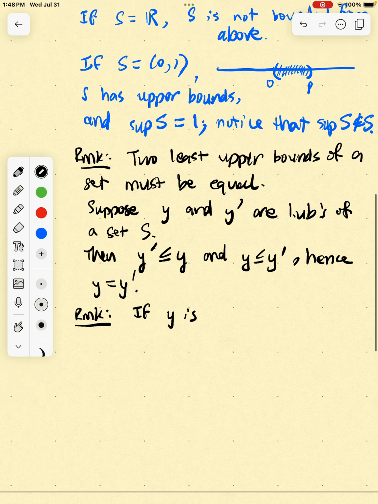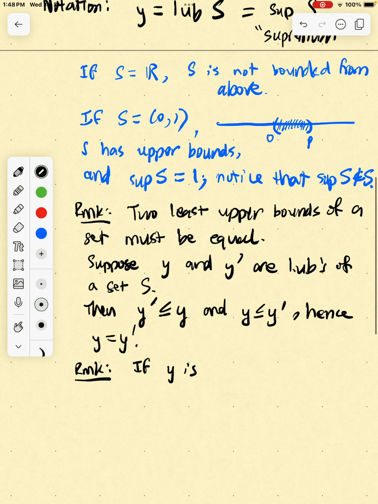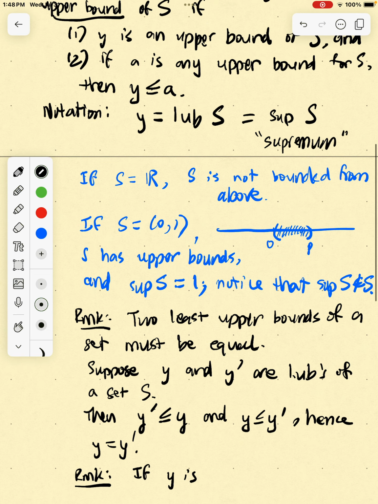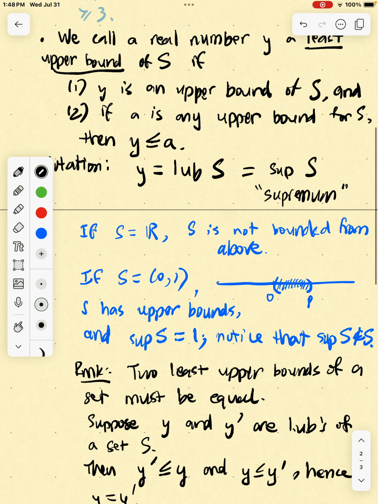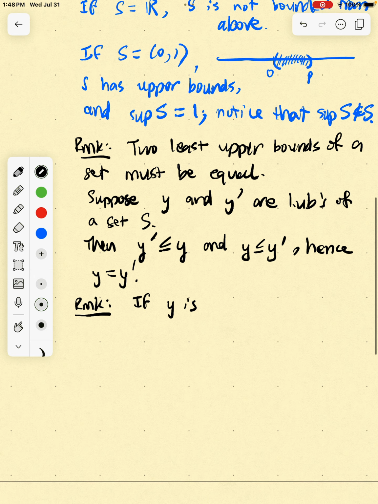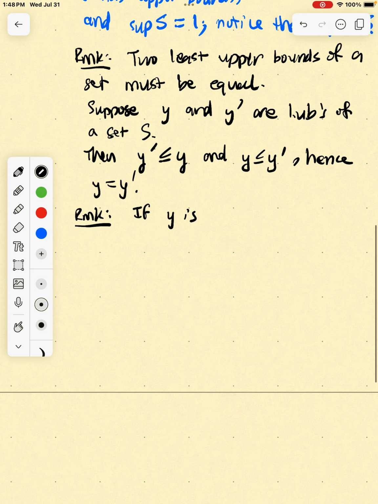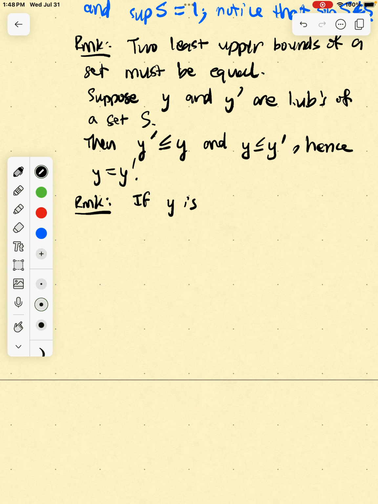And maybe I should have stated this remark before the notation sup S, because if you say sup S for the least upper bound, then there's an assumption that there's only one supremum. But now we know that there really is only one supremum if it exists.